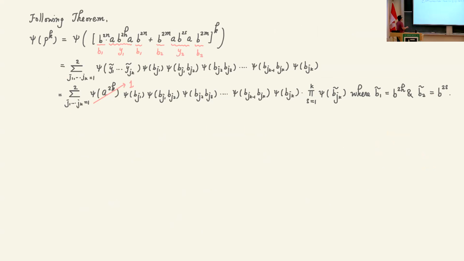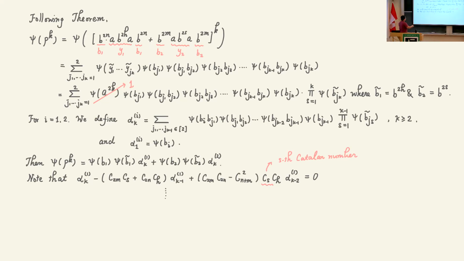So you can see the value of P_k, which means the pattern B, Y_1, B_1 prime plus B_2, Y_2, B_2 prime. Then we just use our formula to get this slide. This computation looks very complicated, but there's a crucial thing: I just define alpha_ki this way.